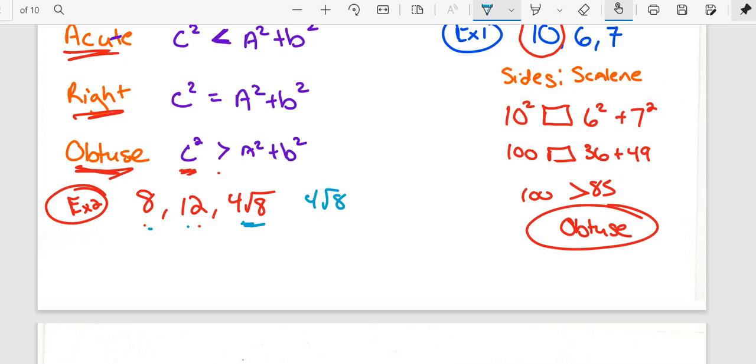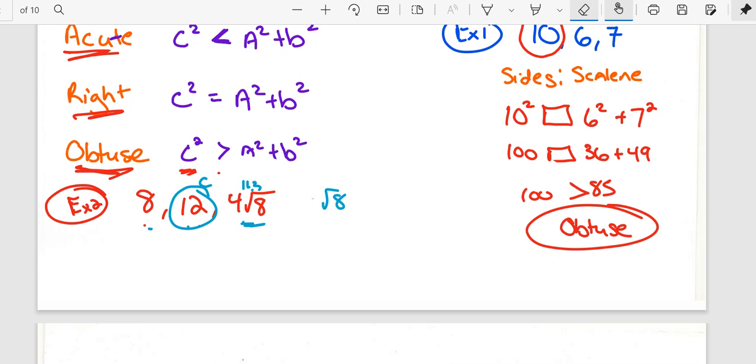So 4 times the square root of 8, when I did that, I got 11.3. Now, that 11.3 is not what I should be putting in my squaring, but it is important because it tells me that it's not C, because 11.3 is less than 12. So this is my C.